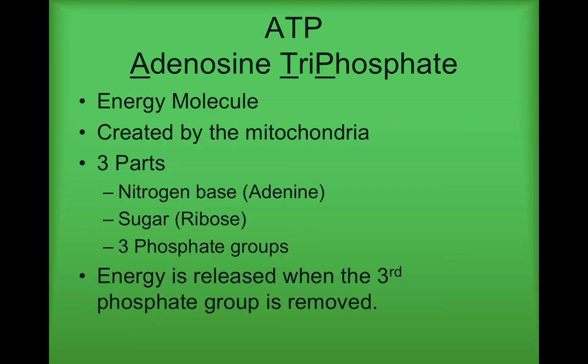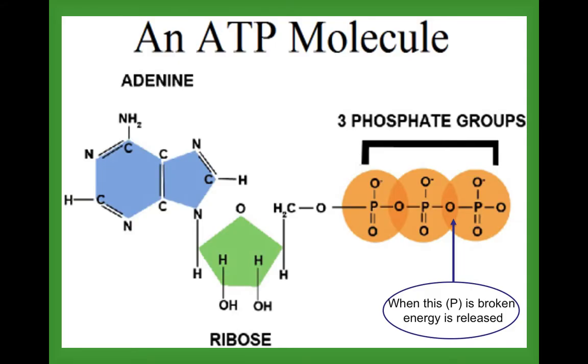So ATP is this energy molecule, and what we mean by this is that energy is released from this molecule. For the focus of this class at this level, we're going to mainly focus on that third phosphate group being removed.